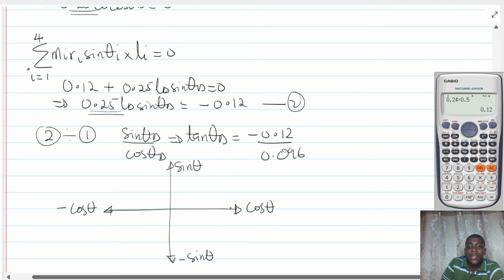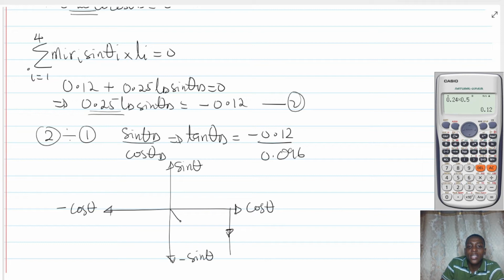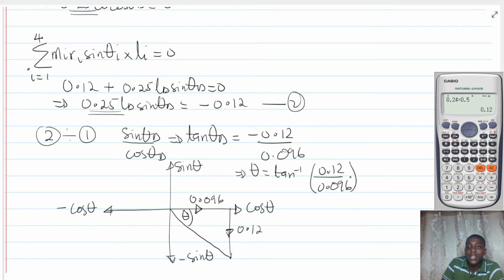The sine part is negative and the cosine part is positive. So I have 0.096 and I have 0.12. The angle that we want is this angle, which is going to be the tan inverse of 0.12 divided by 0.096.